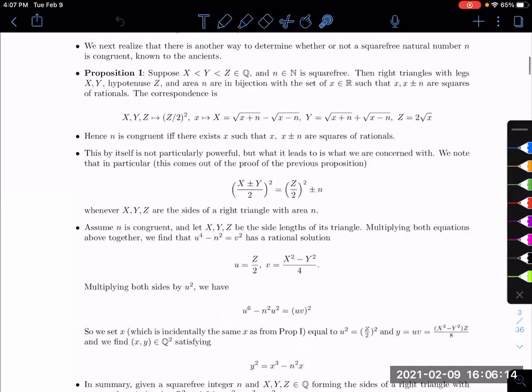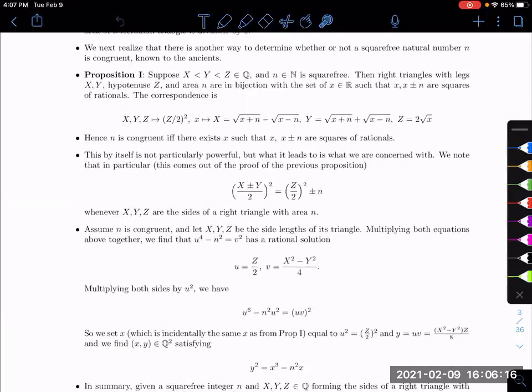So the first thing we discovered, and this is one of the older theorems about congruent numbers, is that if I take a square-free natural number n and three rational numbers x less than y less than z, then right triangles with leg lengths x and y and hypotenuse z and area n are in bijection with real numbers x such that x and x plus or minus n are squares of rationals.